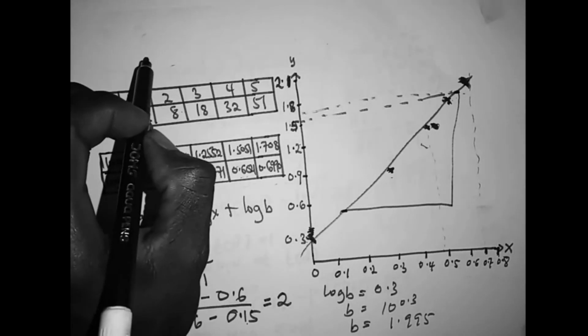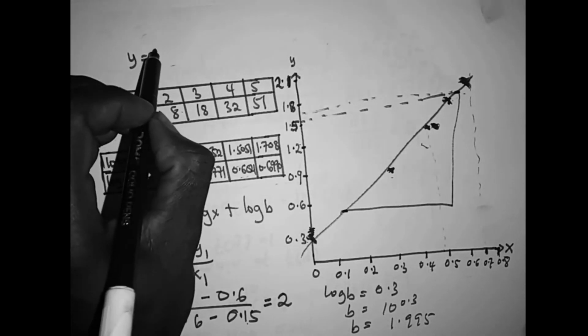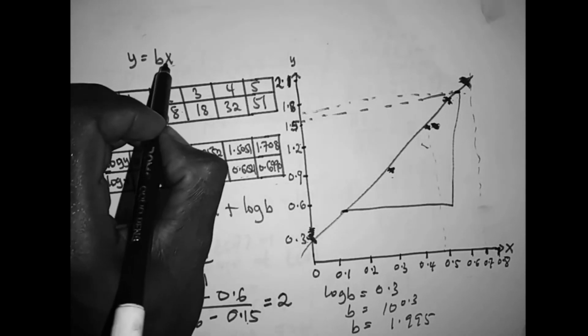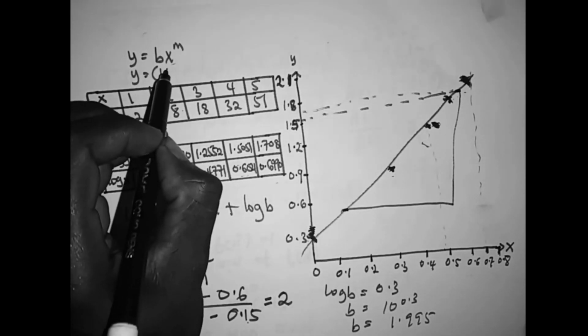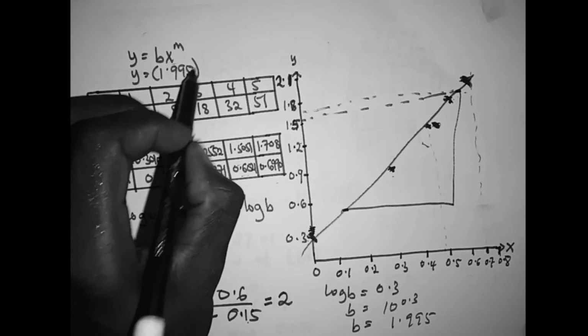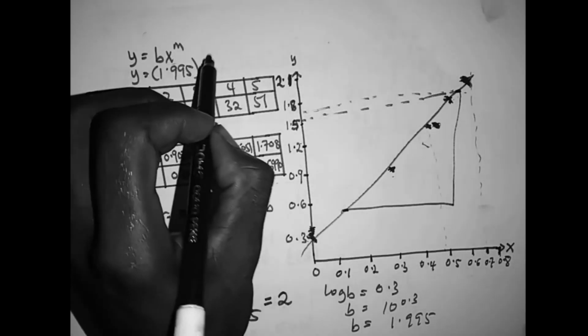So remember that the equation that we're given is y is equal to b x exponent m. So y therefore is equal to 1.995 x exponent m, and our m is 2.